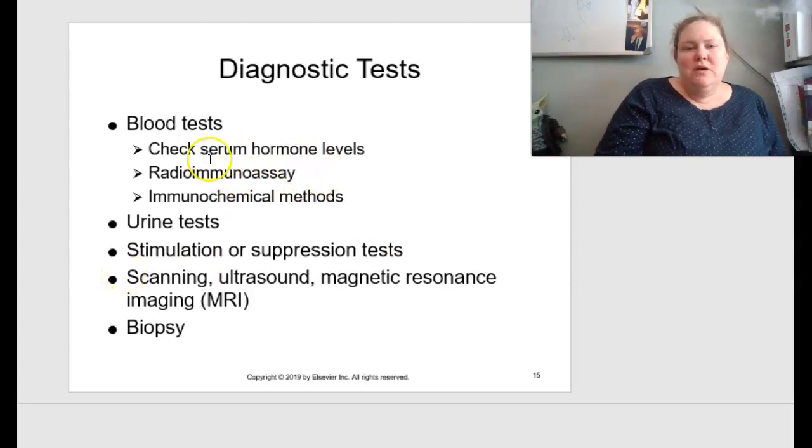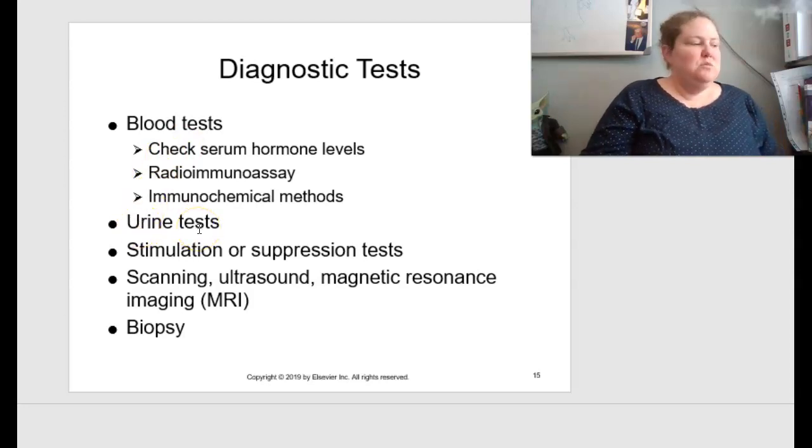This is kind of like when they do thyroid testing, where they put a radioactive tracker in there, and then they trace it through your whole body to see where things go, where it's blocked, etc. Then you can also have immunochemical methods, which would be like doing an ELISA or some other type of laboratory test off of your blood to see if you actually have the hormones present.